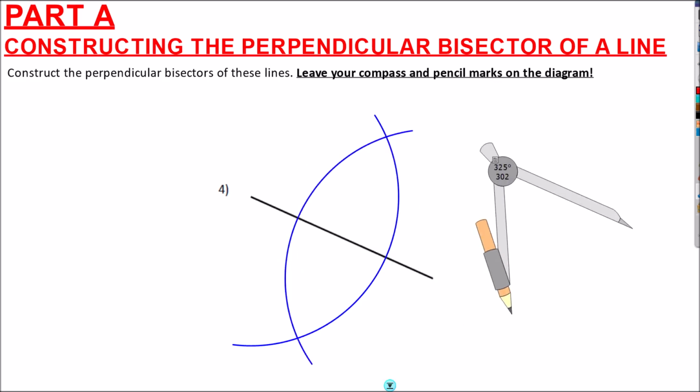Move the compass away, get the ruler out, and draw a straight line going through both the top and the bottom of these curves. And that's the perpendicular bisector, this red line. So this will be a 90-degree angle here, and here, of course.